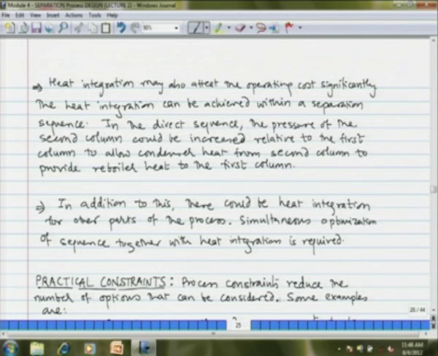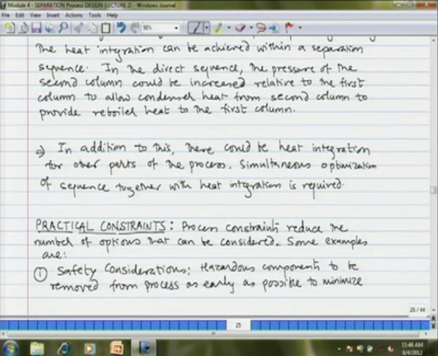In addition to this, there could be heat integration from other parts of the process. As I said, for example, take the HDA process. The stream which emerges from the reactor is at very high temperature and pressure. So, it has sufficient heat in it to drive the reboilers of all the columns. So, that heat integration is also possible.